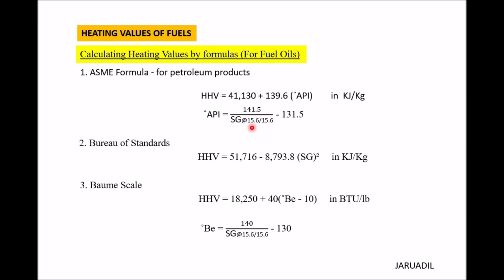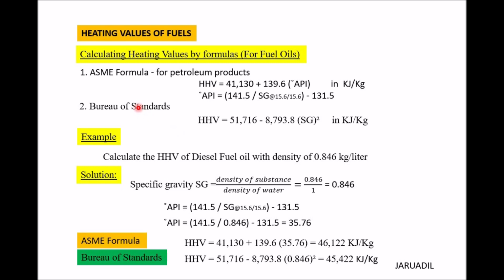So meron siyang pagkakaiba ng konti dito sa degrees API kasi dito ay 141.5 and 131.5 samantalang dito ay 140 minus 130. So in our previous example, I showed to you an example of how to use these formulas as ASME formula in Bureau of Standards.